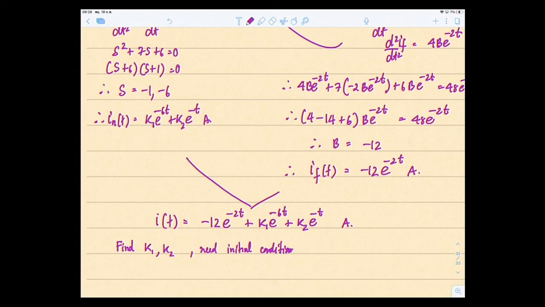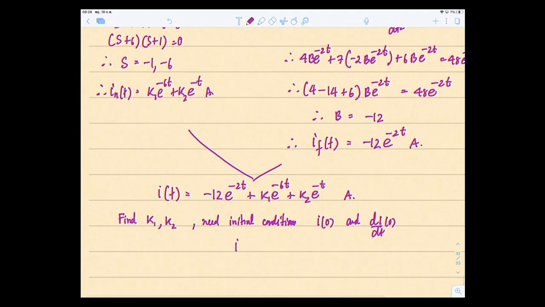There are two conditions that you need. One is i at 0, because the initial condition starts when t is equal to 0. And another one is di/dt at 0. We already know that i at 0 is equal to 0 amps from the beginning of the problem. But the di/dt you have to find.